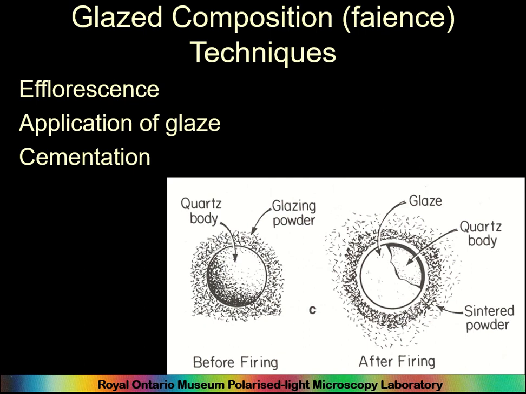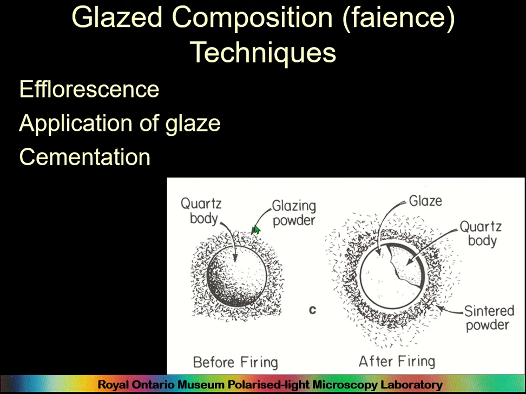And there is cementation, and this is when you have the object. This tends to be things like beads, so this is I always say a round bead, and it's actually embedded in the glaze materials.